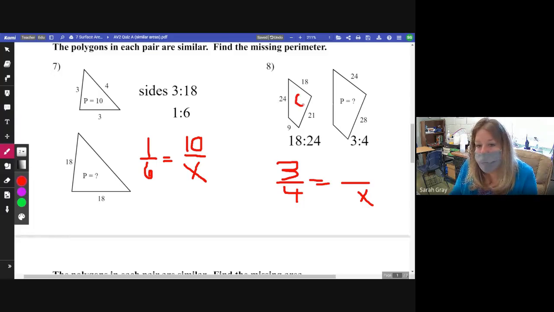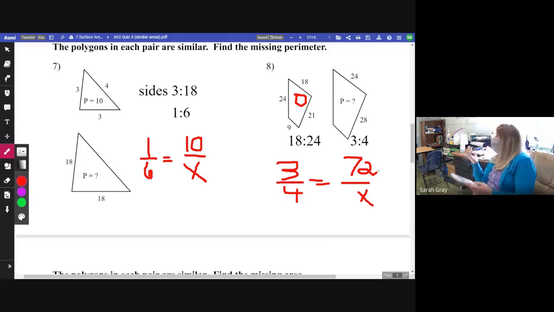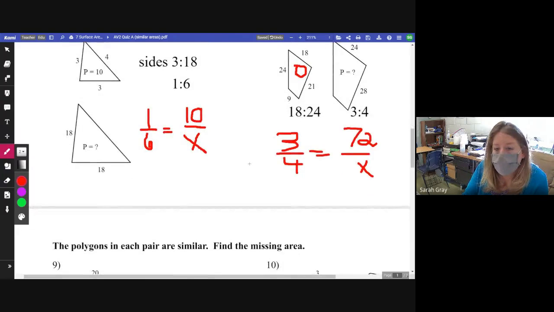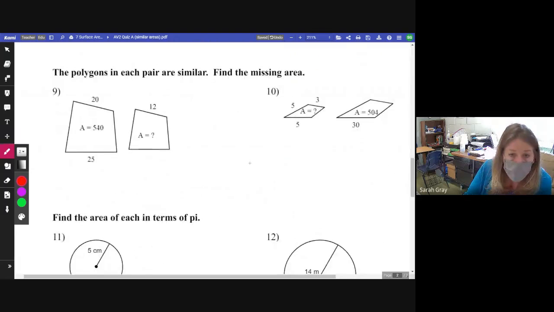I didn't list the little one for you, but you have all the sides. So it's 18 plus 21 plus 24 plus 9, 72. And then you cross multiply that to get the perimeter of the big guy. Okay, any questions on those? Good. Cool.